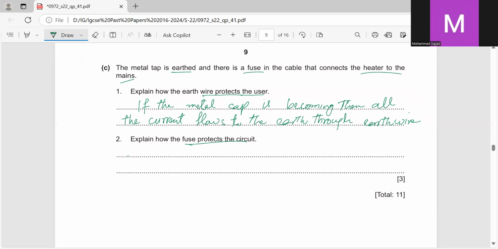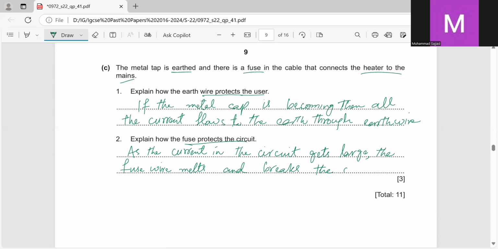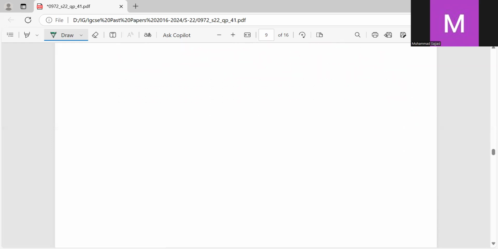So as the current in the circuit, or in the metal cap, better to say in the circuit, gets large, the fuse wire melts and breaks the circuit. Means it breaks the flow of current in the circuit. So in this way, we can answer this part.